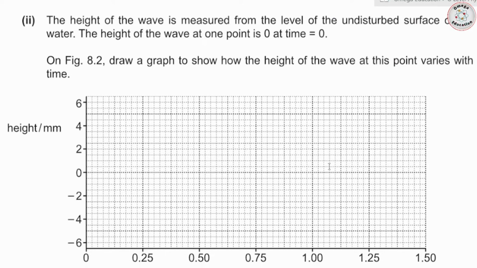Moving on to the next one. The height of the wave is measured from the level of the undisturbed surface of the water. The height of the wave at one point is 0 at time 0. On figure 8.2, draw a graph to show how the height of the wave at this point varies with time.